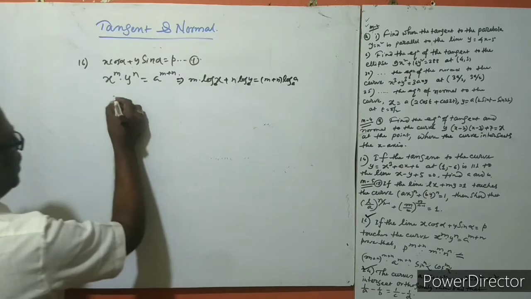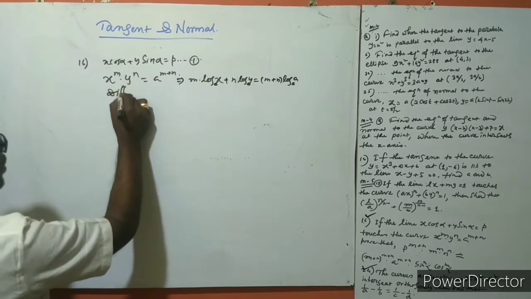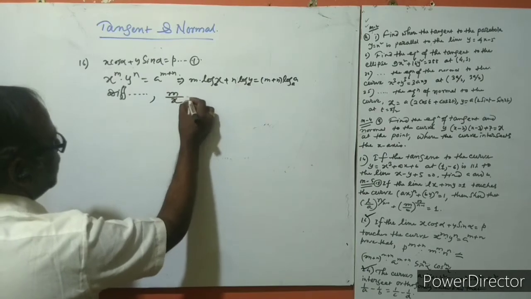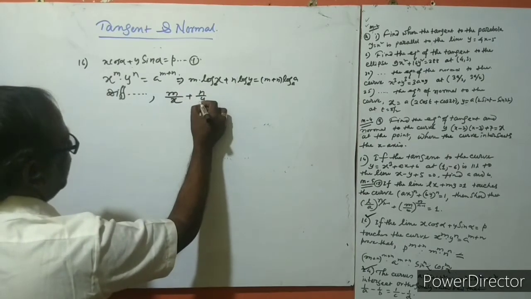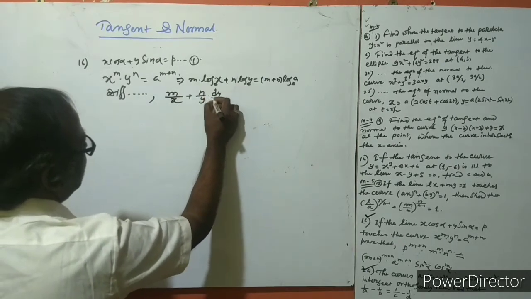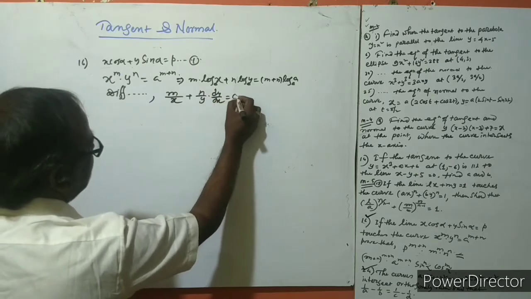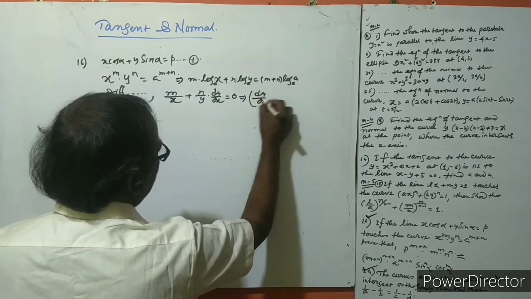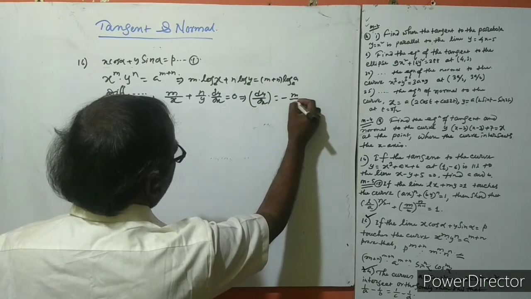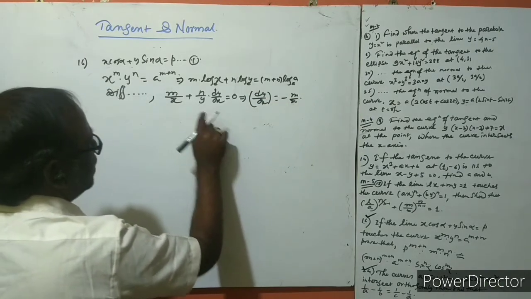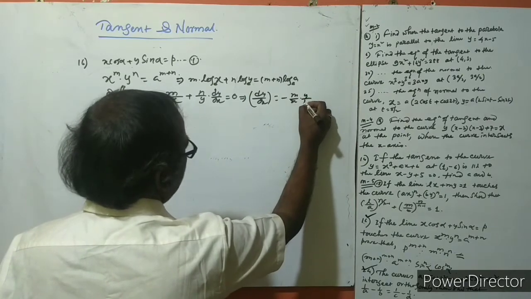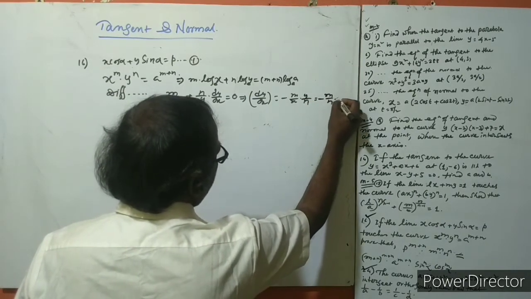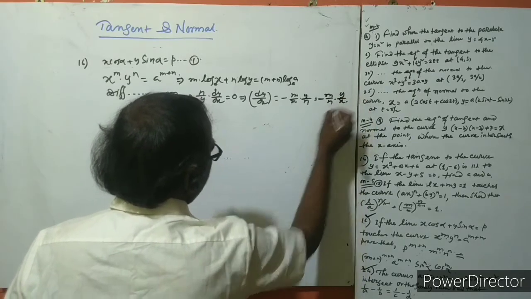Now differentiate both sides with respect to x, then we get m by x plus n by y into dy by dx, and this is 0 here. So dy by dx is equal to minus m by x times y by n, so you can write minus m by n into y by x.